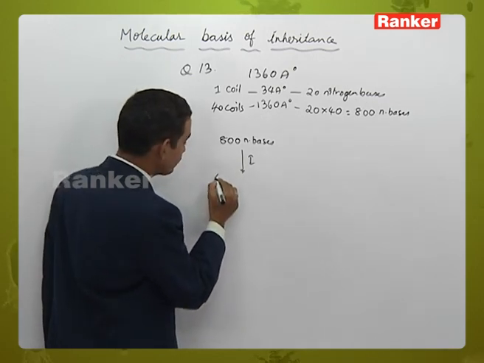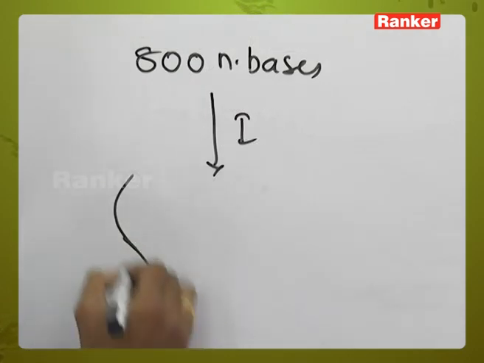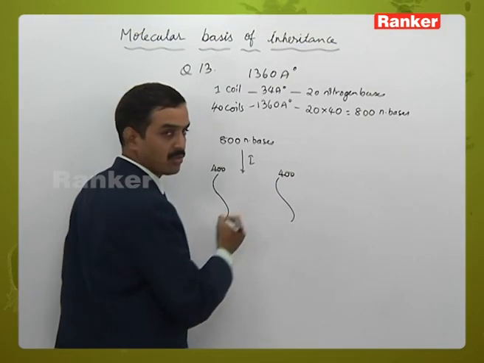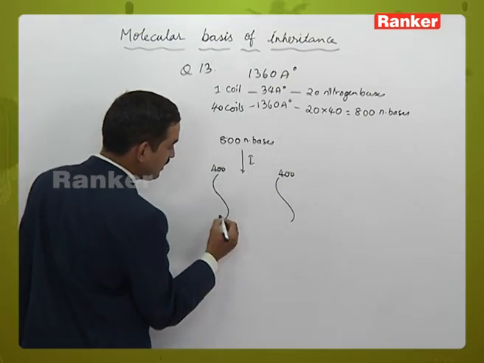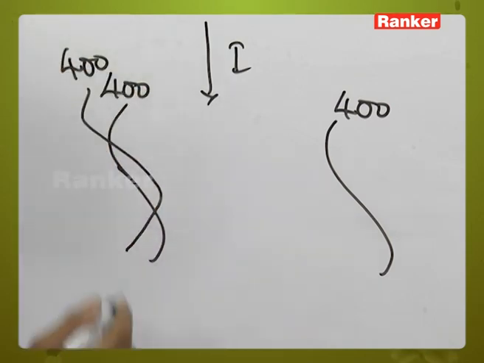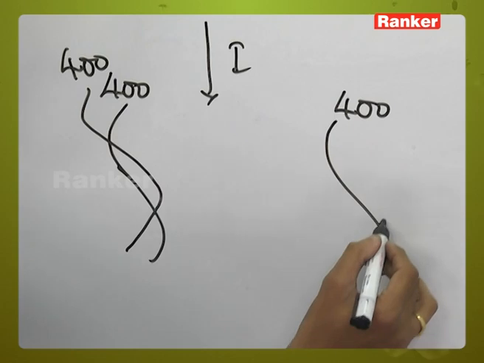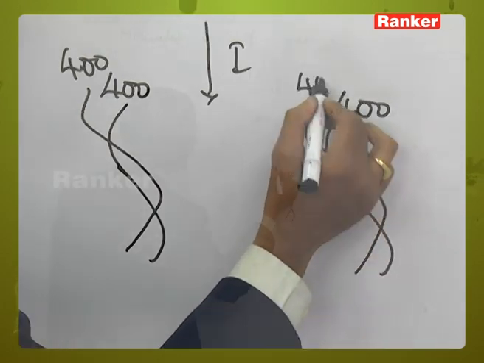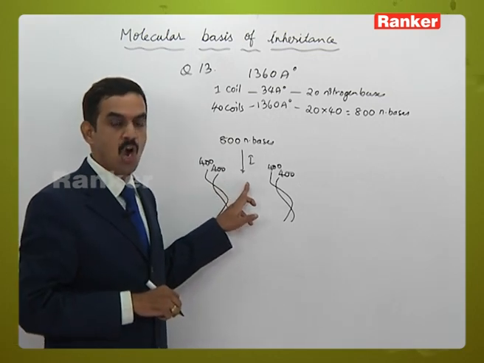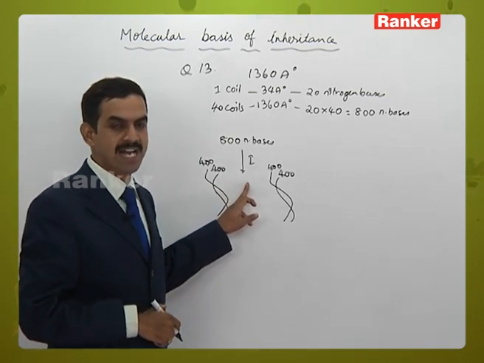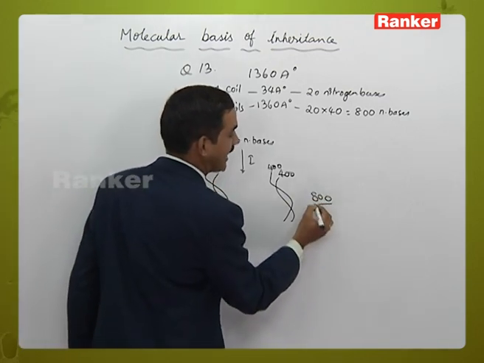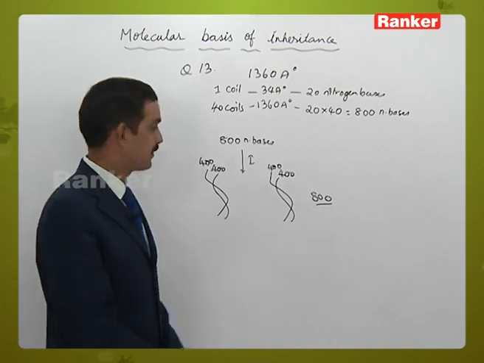So one strand with 400 and one strand with 400 are separated out. Then one more strand is synthesized which forms 400 nitrogen bases, and here also one more strand is produced with 400 nitrogen bases. That means after the first generation, a total of 800 ribonucleotides are utilized.